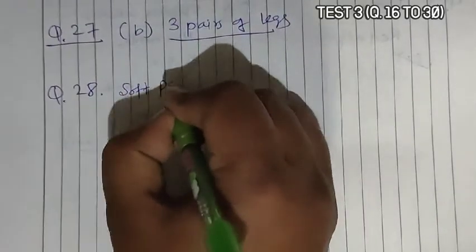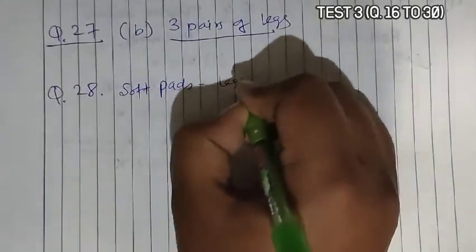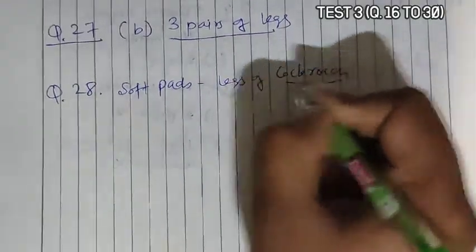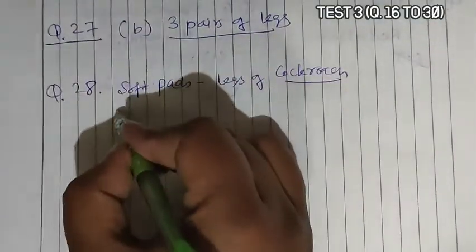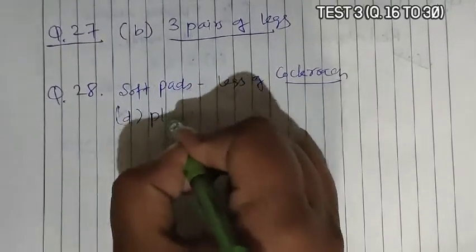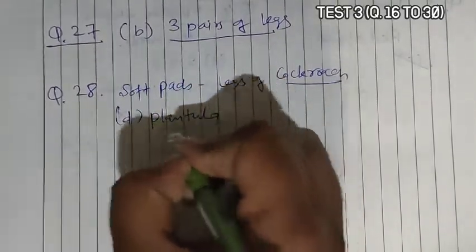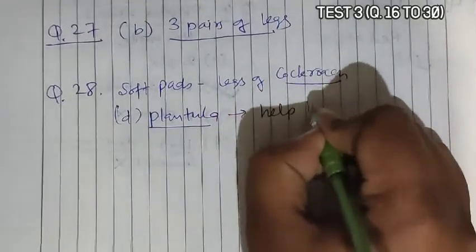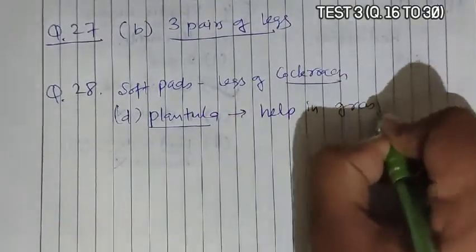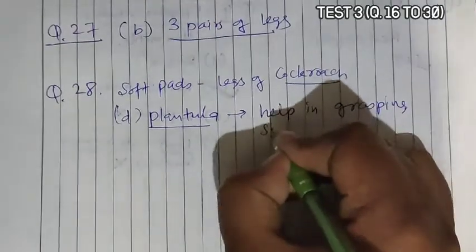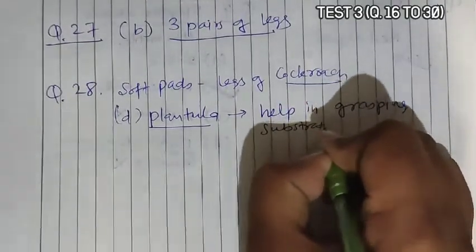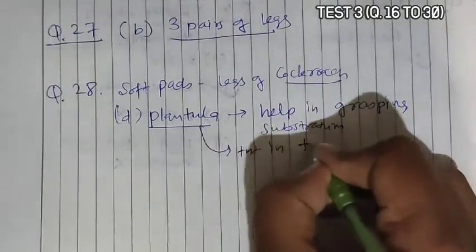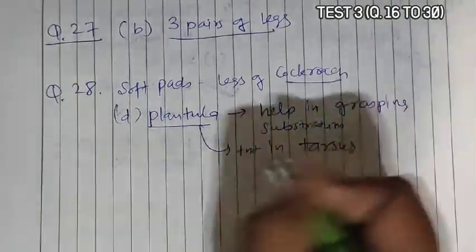Now these are present in plantulae, that you need to remember. Again, it is a fact based question. These plantulae help in grasping substratum. They are present in tarsus.